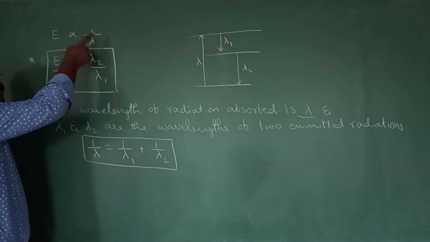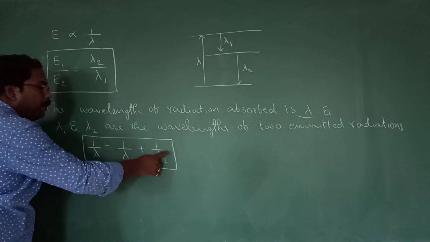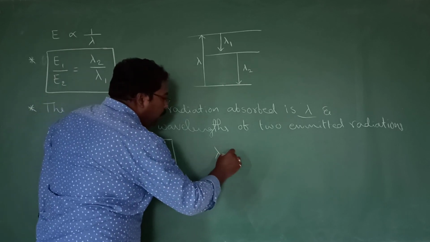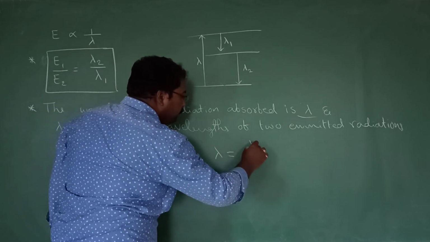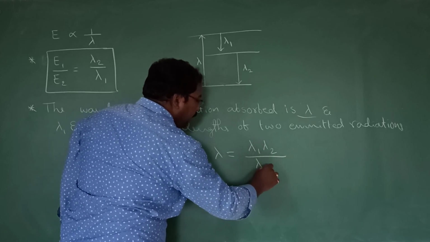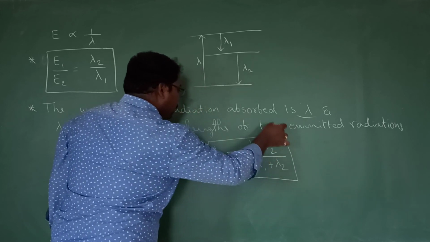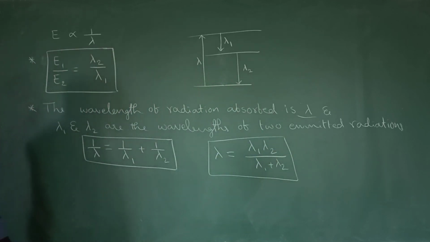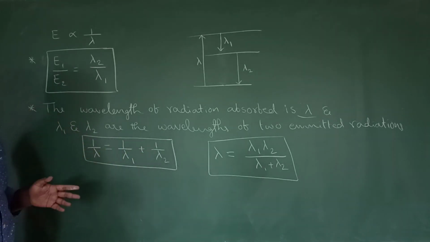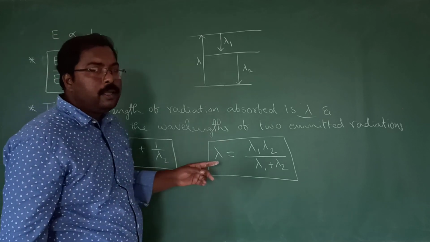Since energy is inversely proportional to wavelength, 1 by lambda is equal to 1 by lambda 1 plus 1 by lambda 2. And the above one we can write as lambda 1 into lambda 2 divided by lambda 1 plus lambda 2, since we have taken the LCM and then inverted it. Now, when are we going to use this formula?